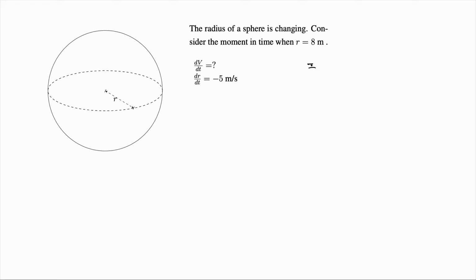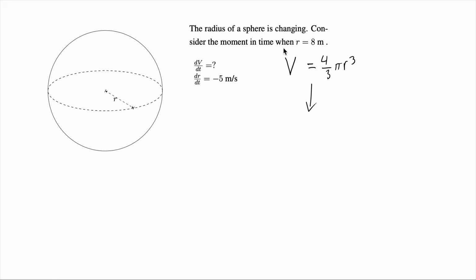All right, so first, how do you relate V and r together with a sphere? The volume of a sphere is 4/3 pi r cubed. There it is. Our formula for the volume of a sphere gives us a relationship between the function V and the function r. Take a derivative of this equation with respect to t.